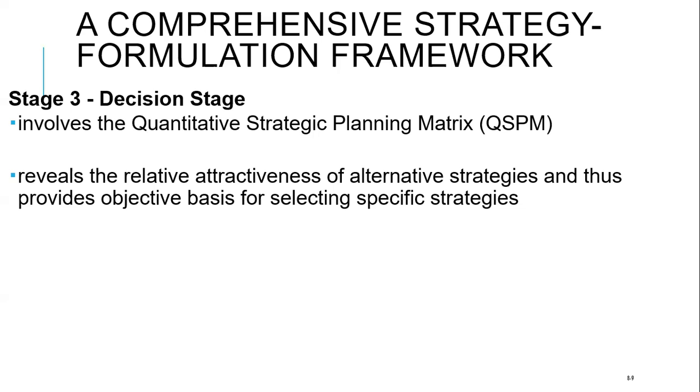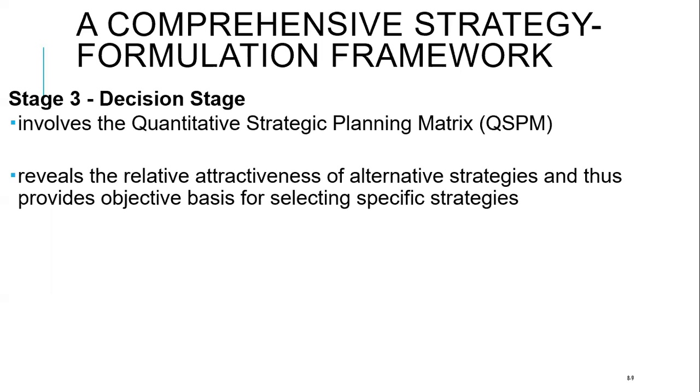So if you don't get the first two stages right, then you are likely to fail or arrive at a particular decision that may not be right for your organization.